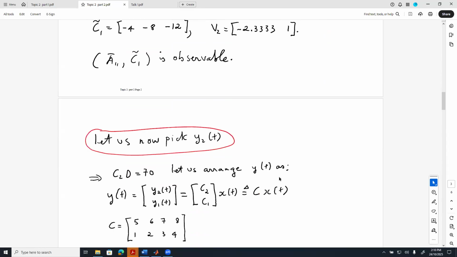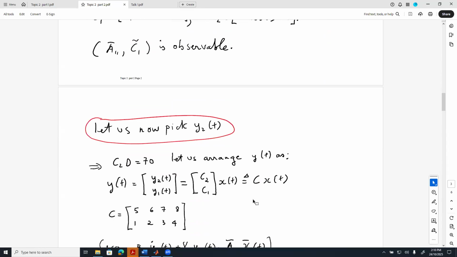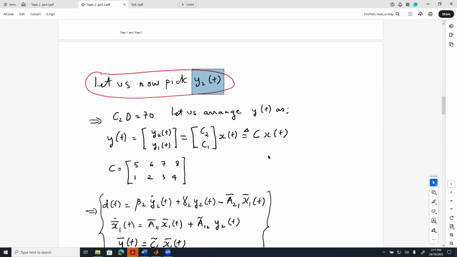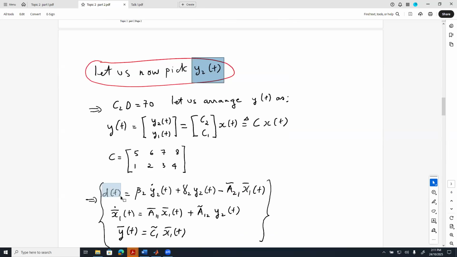All right. Now, on the other hand, we also have another option. The other option is we could pick y2 and select the first derivative of y2 of t in our decomposition. So we can express the unknown input d(t) in terms of y2 dot of t. So that is another flexibility in our approach.